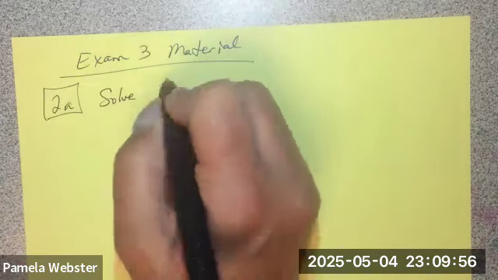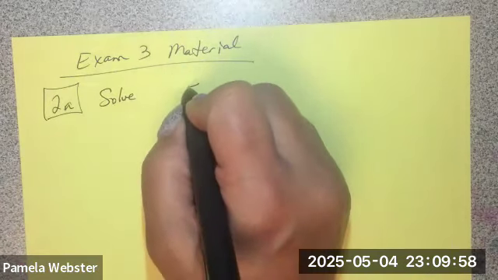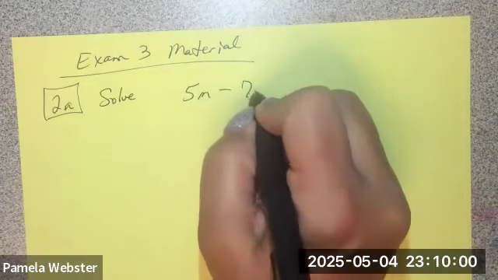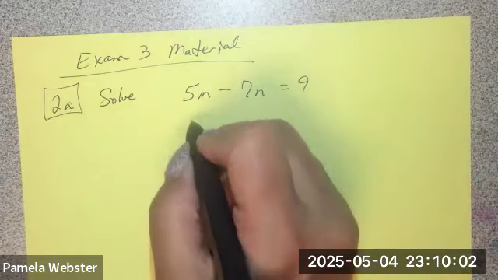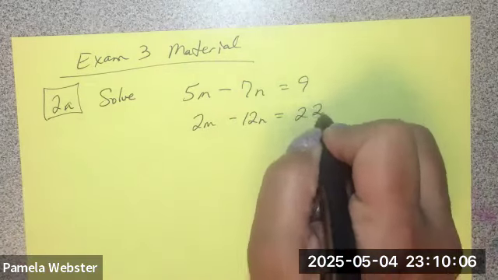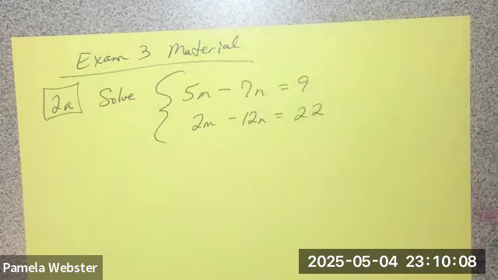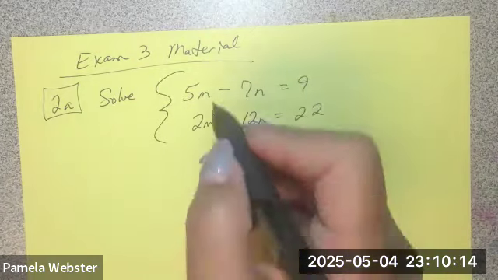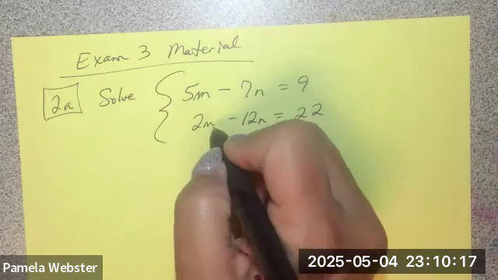So solve using elimination. It says 5m minus 7n equals 9, and 2m minus 12n equals 22. There's my system of equations, if you remember this. Do something. That's an m.